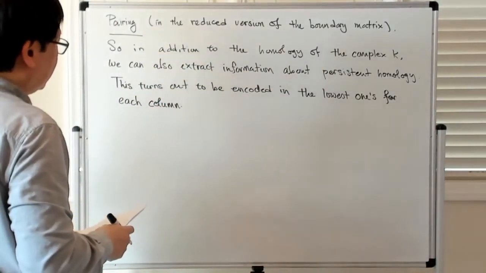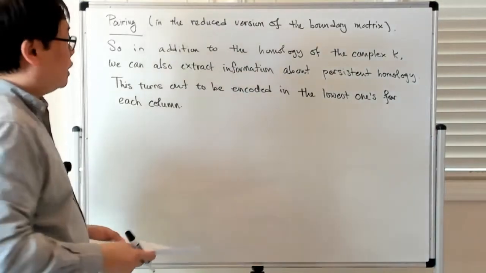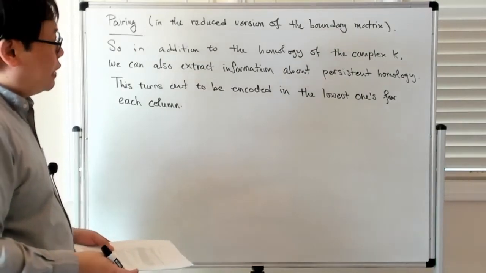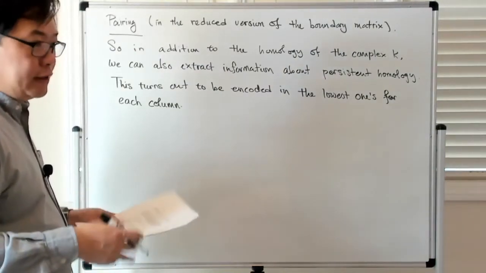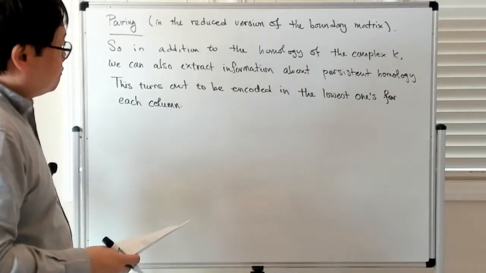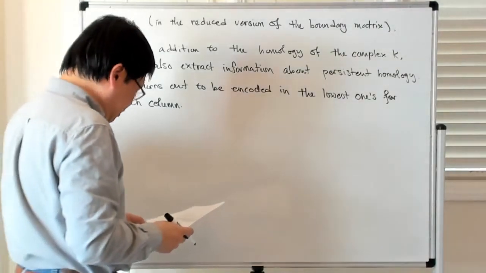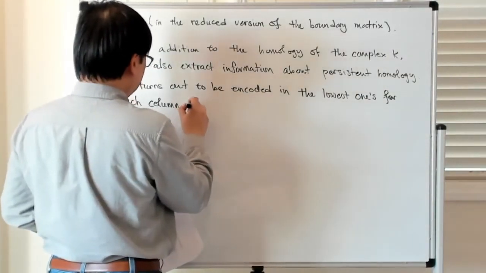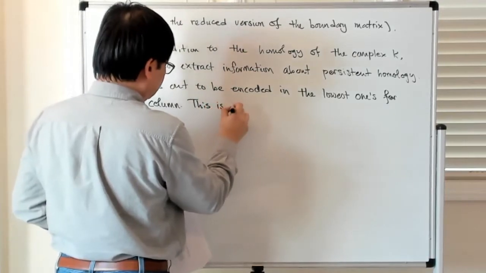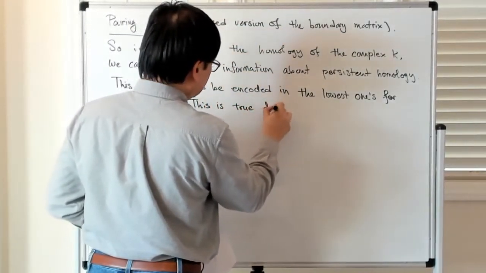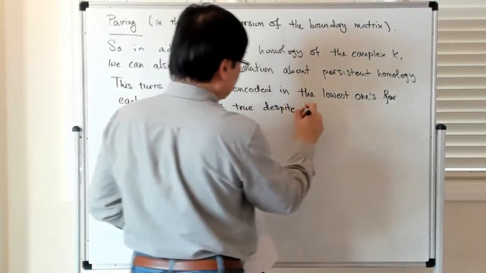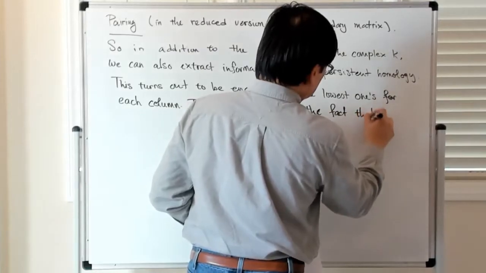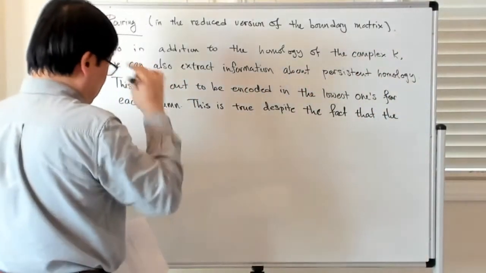This might actually be surprising, and the reason is that if you look at the algorithm which we presented, it's easy to convince yourself that there isn't necessarily a uniqueness to this reduced matrix R. So this is true: the reduced matrix is not unique.